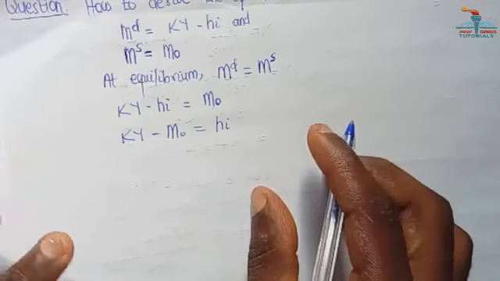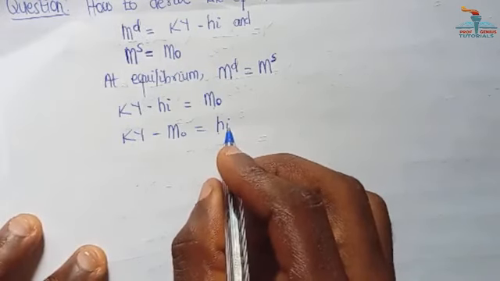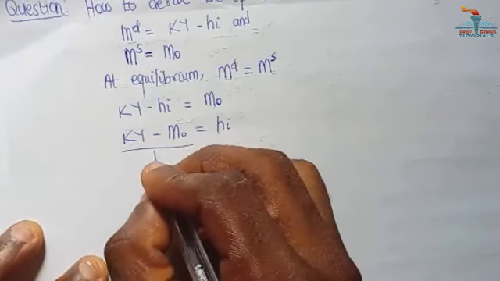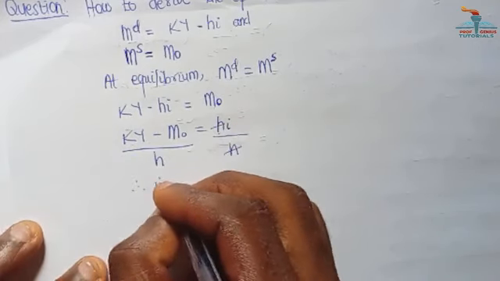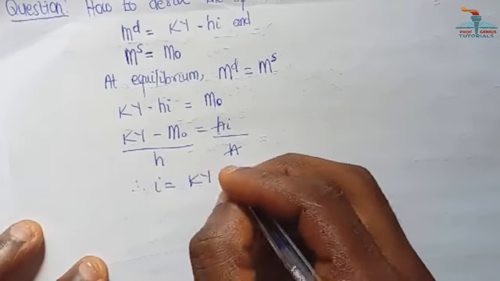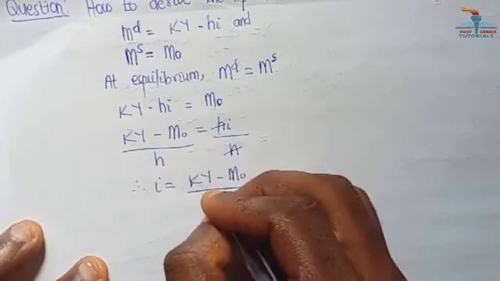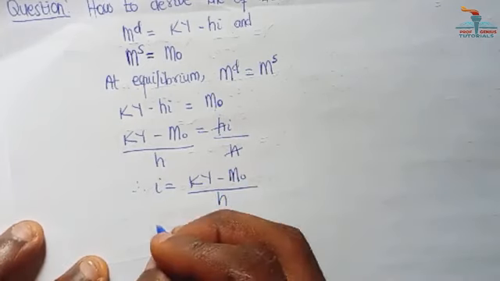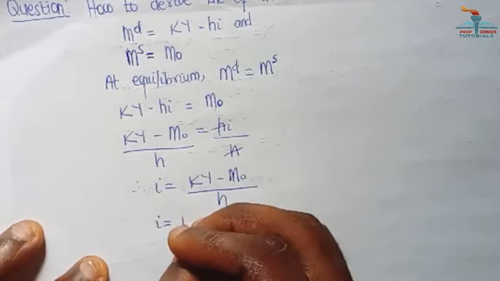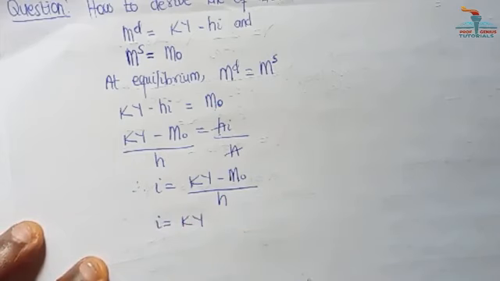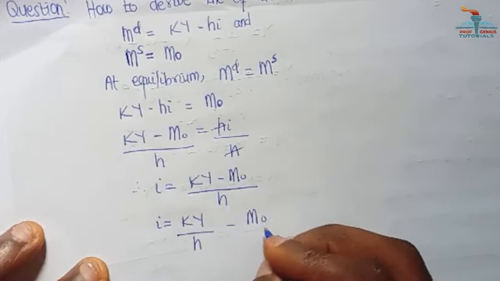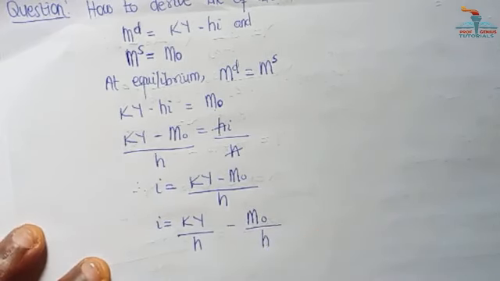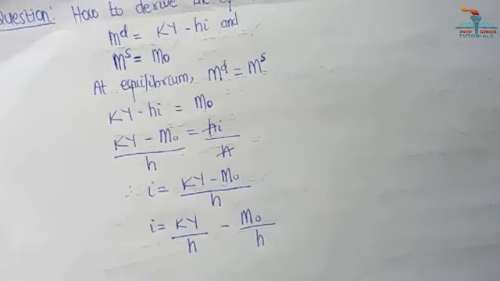In this case, we want to divide both sides by H so that we can make I the subject. So we divide here by H, here by H. So H will cancel H. Therefore, I is equal to KY minus M0 all over H. And this is the same as I being equal to KY over H minus M0 over H. Very simple.